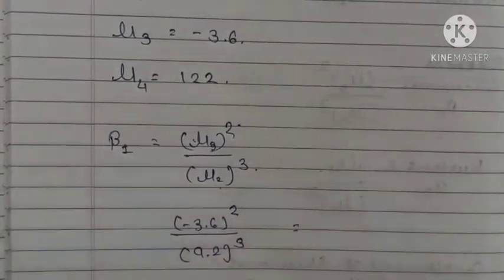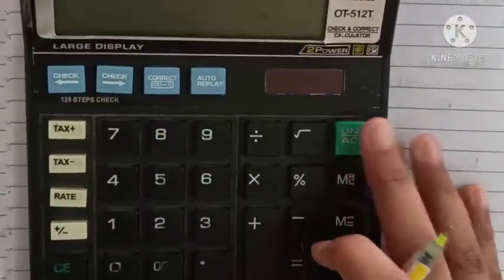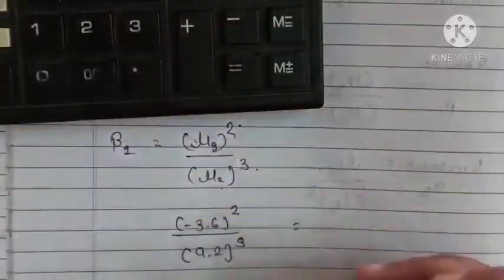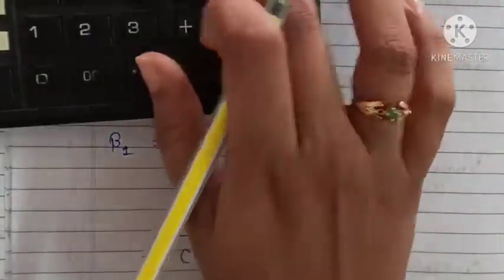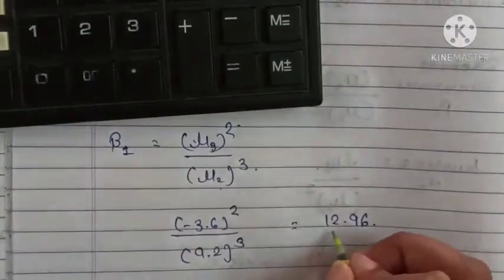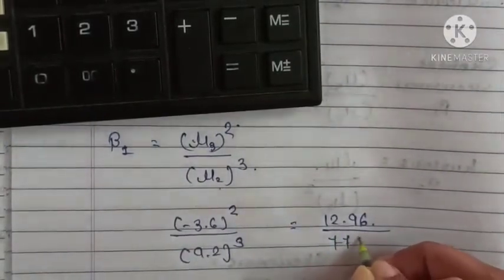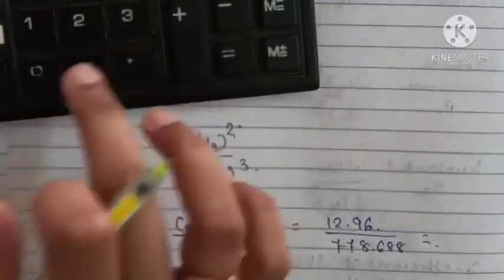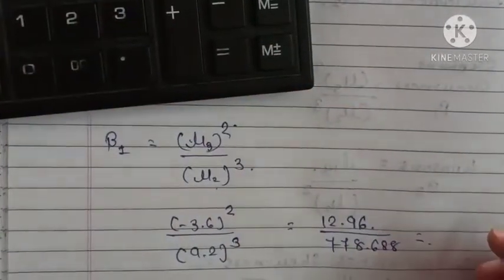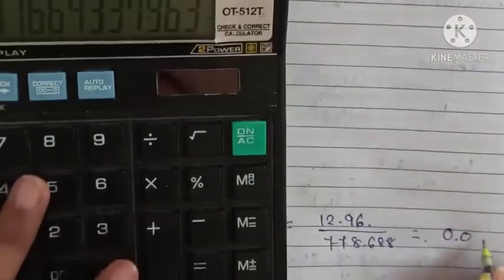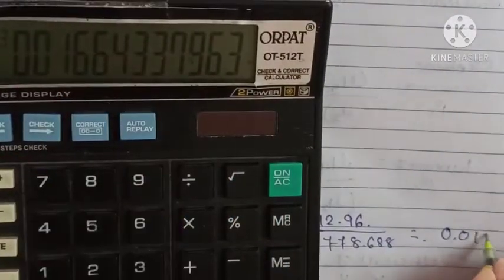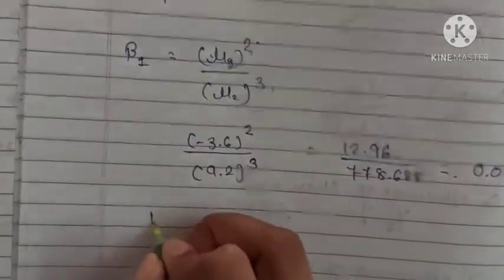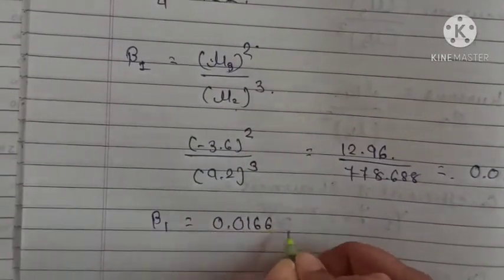So let's find out the values. The answer is 0.0166, so beta 1 is equal to 0.0166.